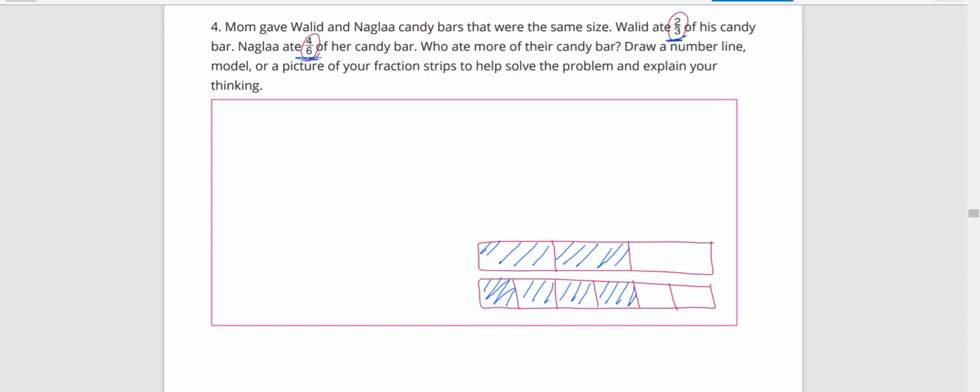If we look at the two fraction strips, the colored parts are the same, so they are equivalent fractions. 2/3 equals 4/6. So we can say that they ate the same amount of the candy bar.